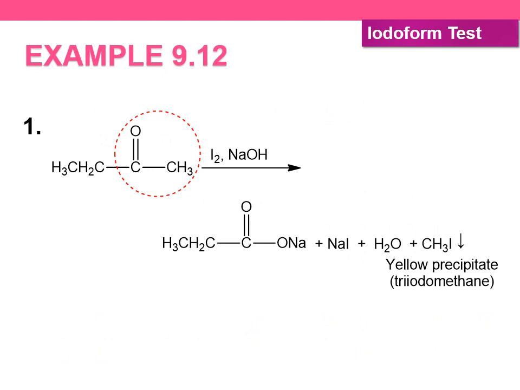Again, this is butanone going to be reacted with iodine and sodium hydroxide. Okay, write down all the products listed here in your page 319. And most importantly, you need to write the triiodomethane, the yellow precipitate.